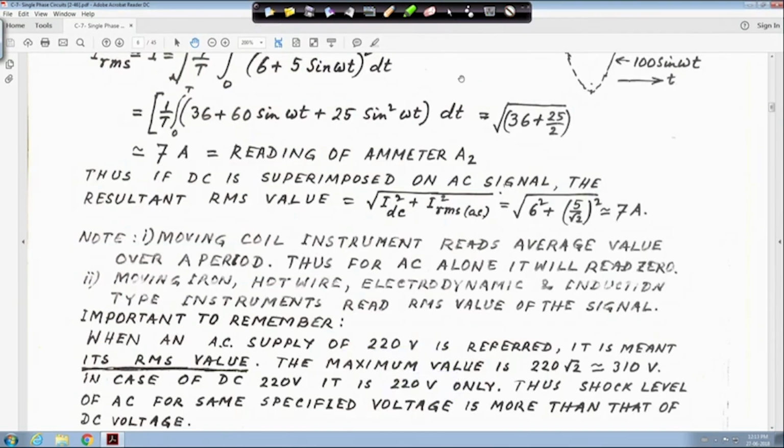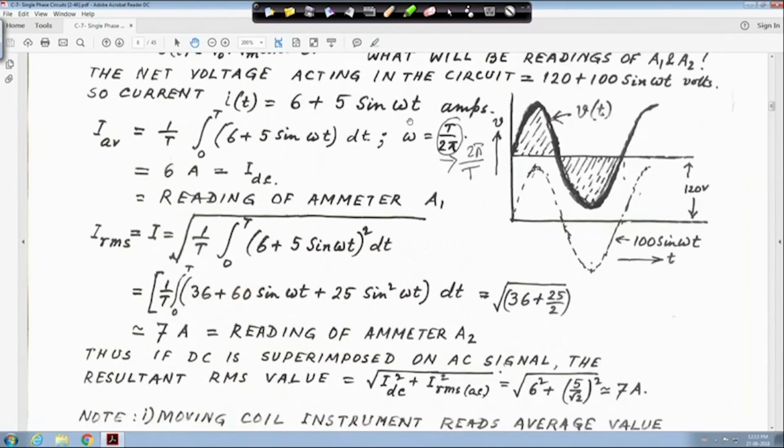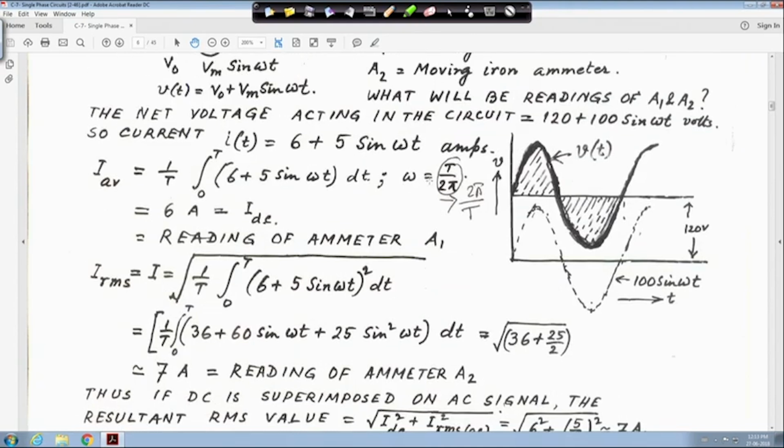This is the waveform, V(t) equals Vm sin omega t.